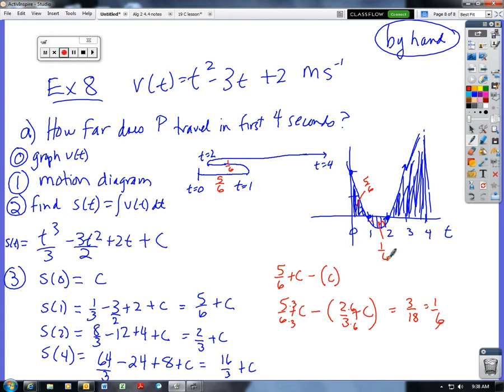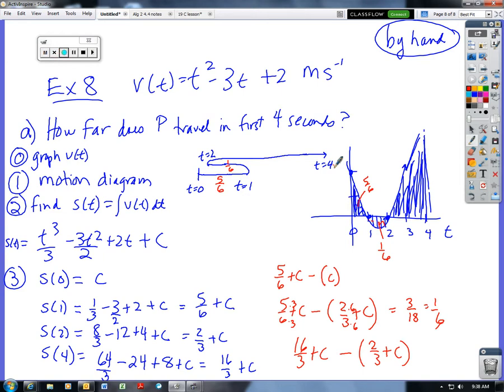I'm looking at how I did it ahead of time, and I don't know. Let's see what happens. And then this one you're going to do 4 minus 2, so s of 4 minus s of 2. So 16/3 plus c minus 2/3 plus c. So I'm finding the change in position from 2 to 4. So really what I'm doing is I'm finding displacements, all these displacements, and I'm going to add them up. So the c's are going to cancel.